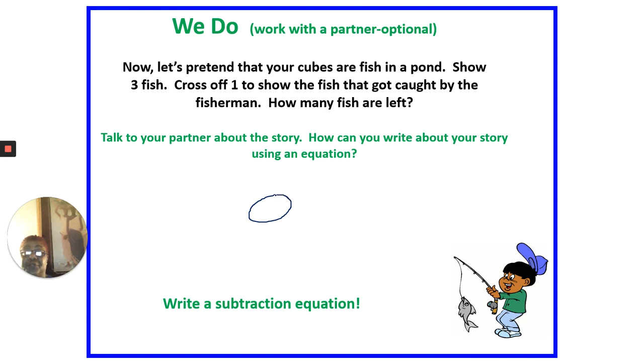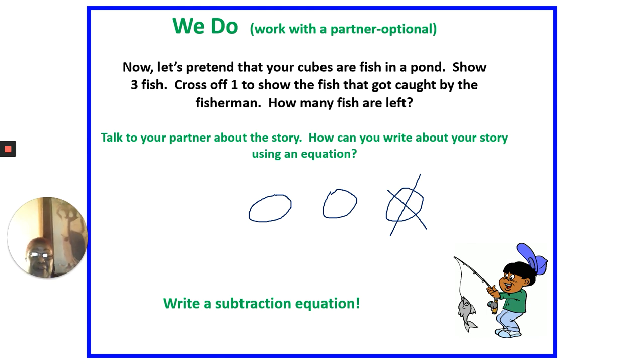I'm going to show three fish, and then I'm going to cross off one. This time I'm going to cross off this one. Remember, it doesn't matter which one I cross out. And now I have two left.